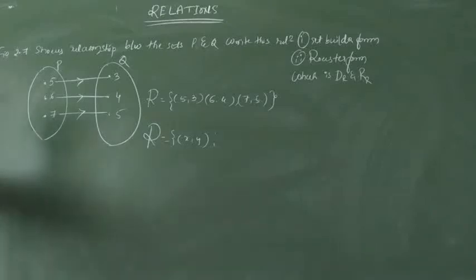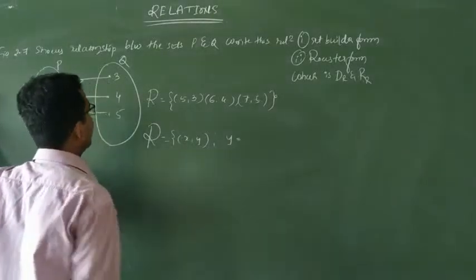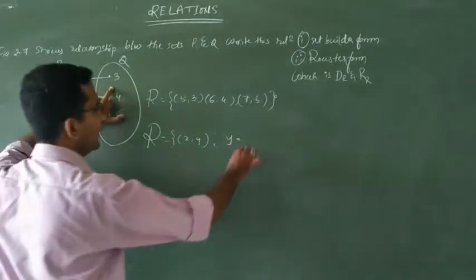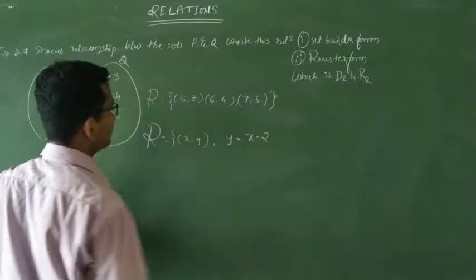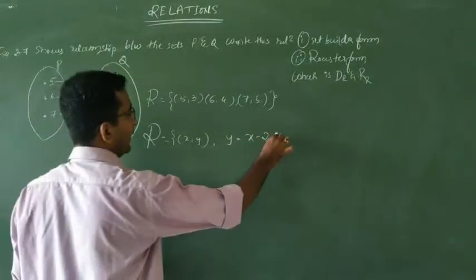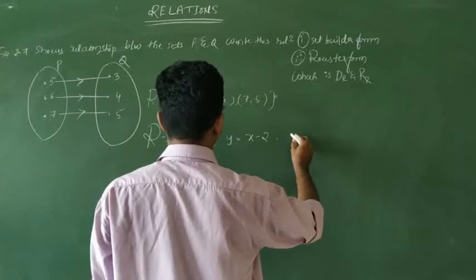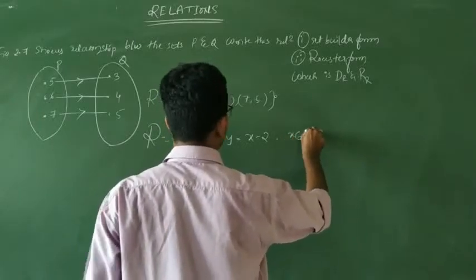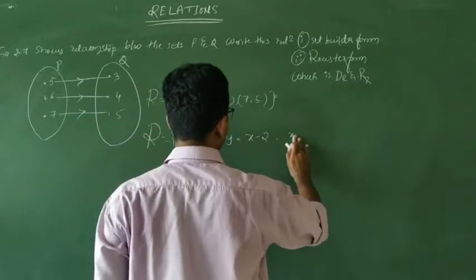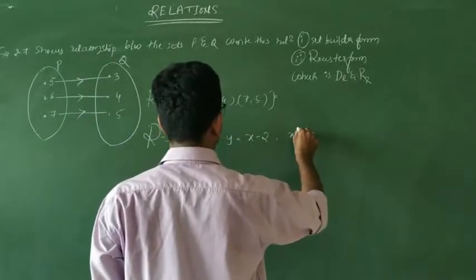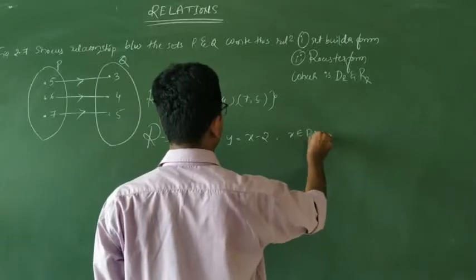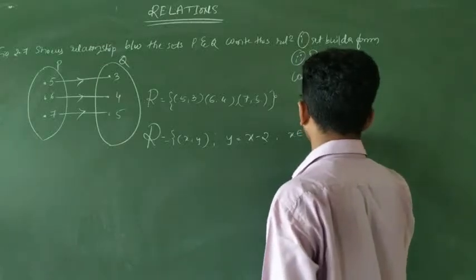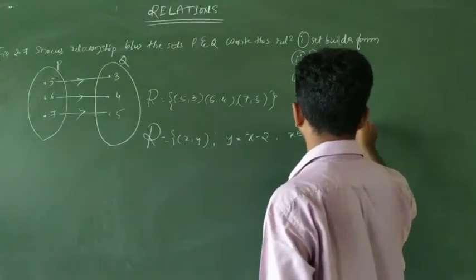So I can write y equals x minus 2, where x belongs to P and y belongs to Q.